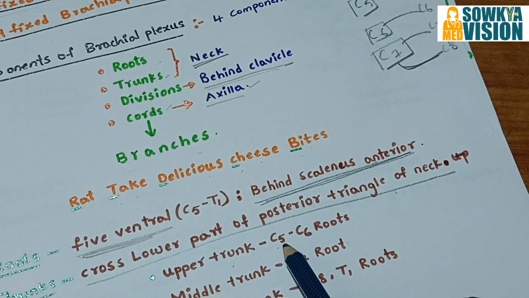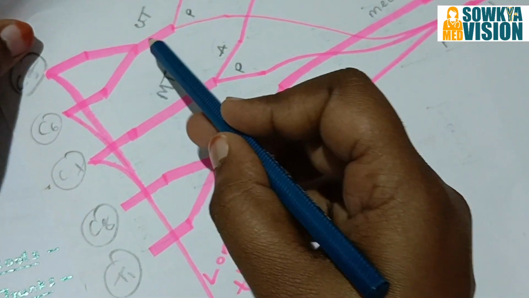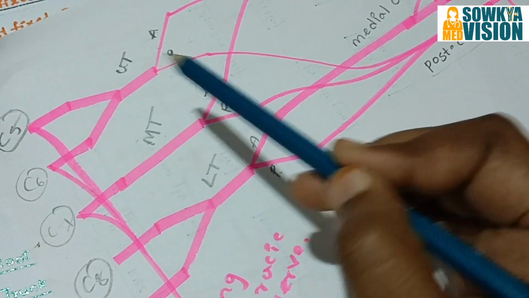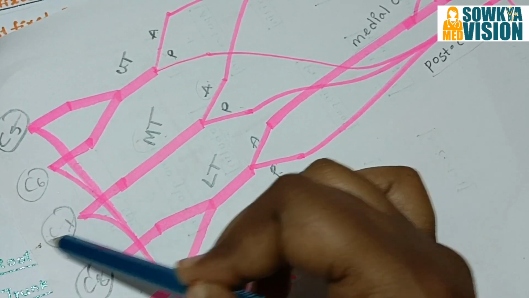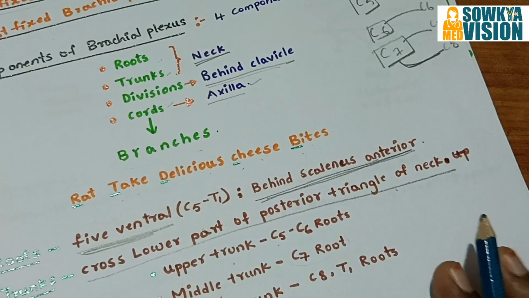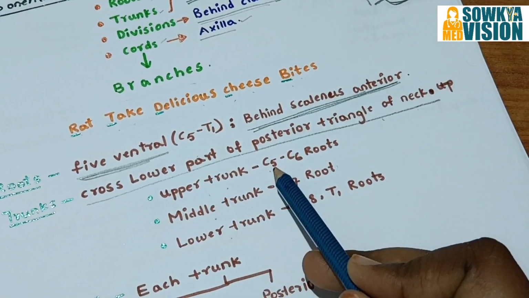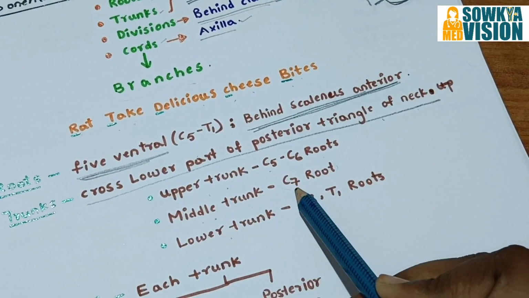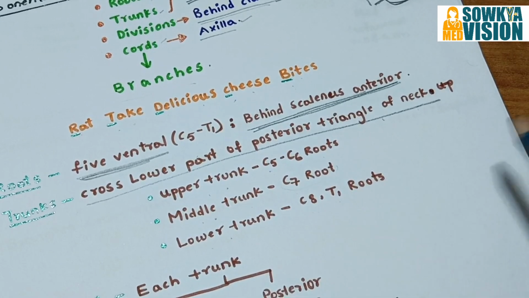Upper trunk is formed by C5 and C6, and the middle trunk is formed by C7 root. See, this is the upper trunk, formed by C5, C6. Middle trunk is a continuation of C7. Lower trunk is formed by C8 and T1. Upper trunk C5 and C6, middle trunk C7, lower trunk C8 and T1.